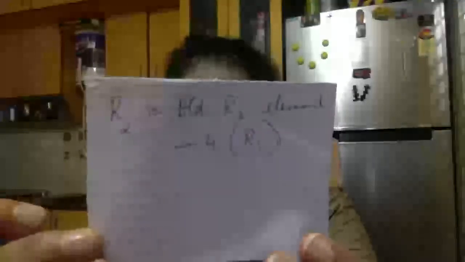R2 means row 2. Row 2 means old R2 element minus 4, where 4 is the corresponding element in the key column. Which key column? In the first one.